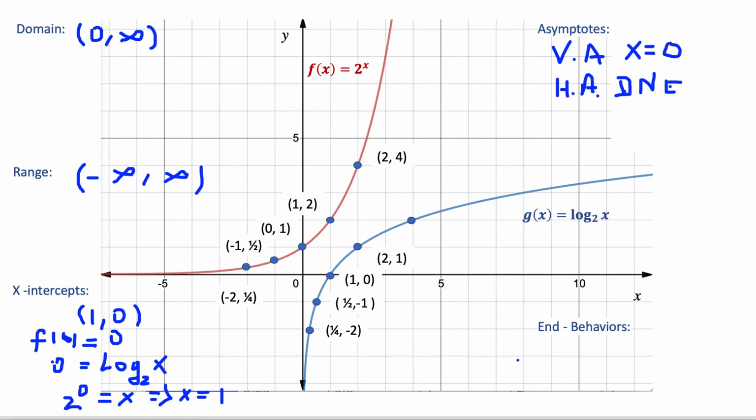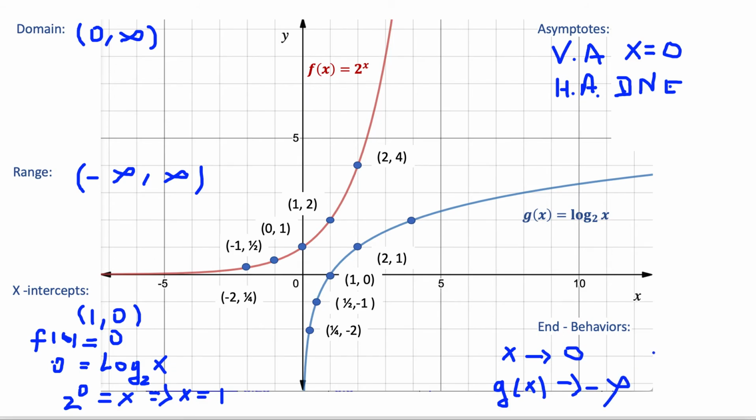And end behavior. If we look here, as x goes to 0, g of x goes to negative infinity, because it goes down.